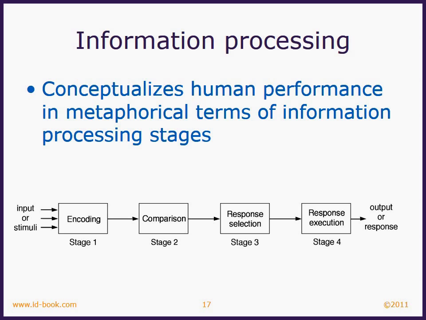Information is thought to enter and exit the mind through a series of ordered processing stages, as we can see in this slide: stage 1, 2, 3, 4, and so on. Within these stages, various processes are assumed to act upon mental representations. Processes include comparing and matching. Mental representations are assumed to comprise images, mental models, rules, and other forms of knowledge.